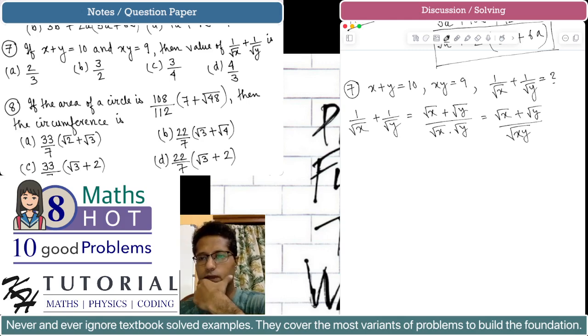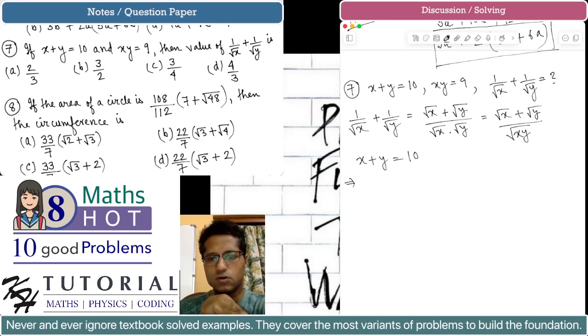We somehow need the value of root x plus root y. We are given x plus y, so x plus y is 10. Now x can be thought of as the square of root x, and y can also be thought of as the square of root y.